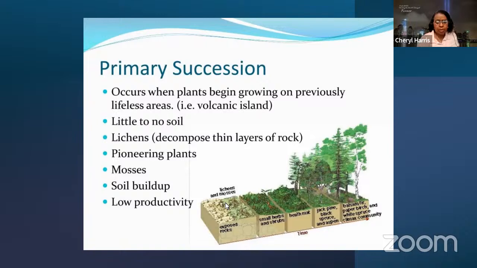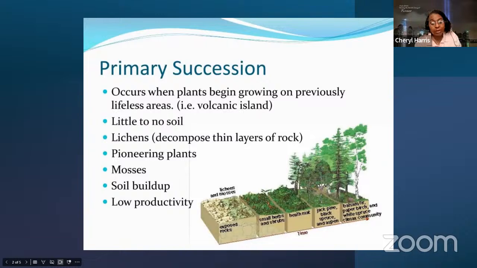So the first block or the first stage of primary succession is nothing but rocks. And because there's nothing but rocks there's not a lot of nutrients. So when things try to grow, they can't grow very high because there's not a lot of nutrient for them to gain energy from. So there's going to be really, really short, what we call low vascular plants.